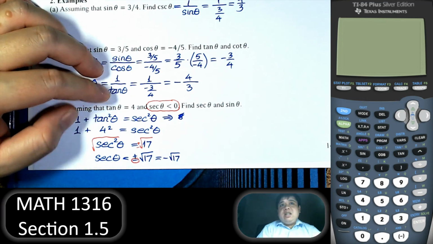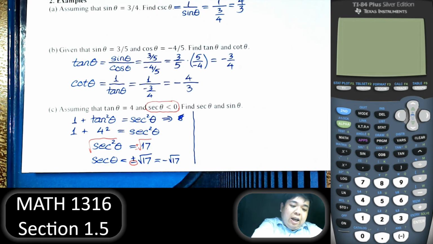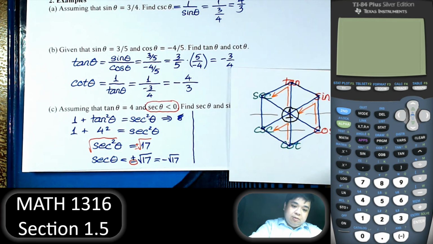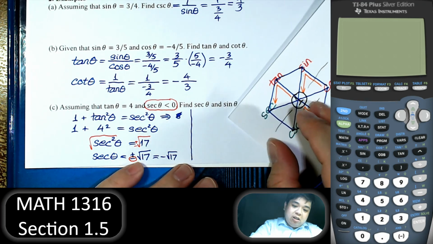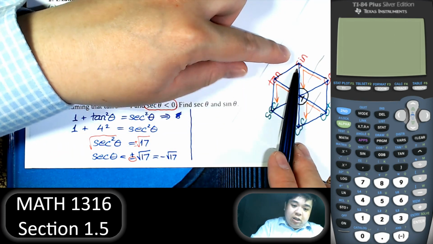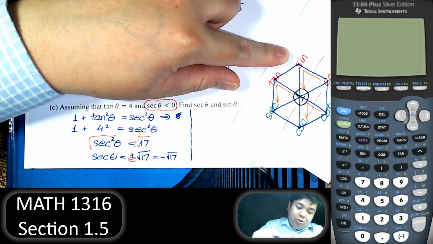So that gives us secant, negative square root of 17. Then how do we find sine? Okay, let's look at this. We want to find sine. Put sine on the top. It is tangent, which we know, over secant, which we also know.